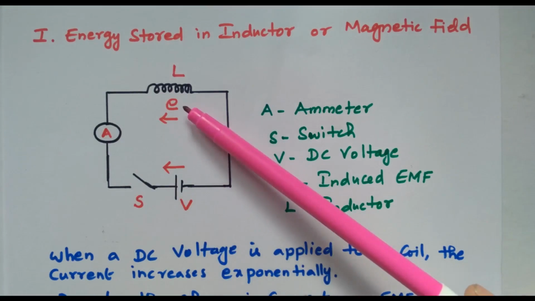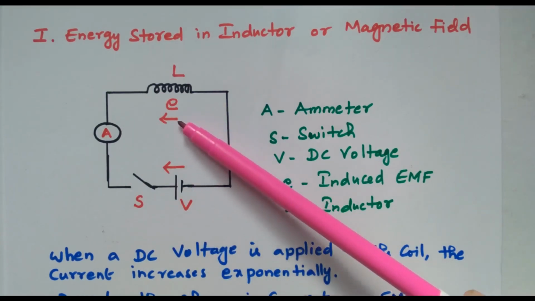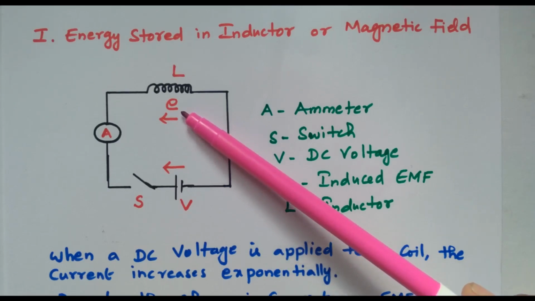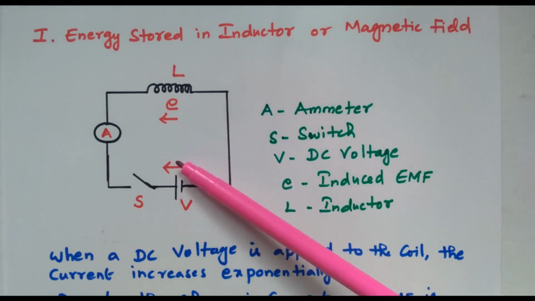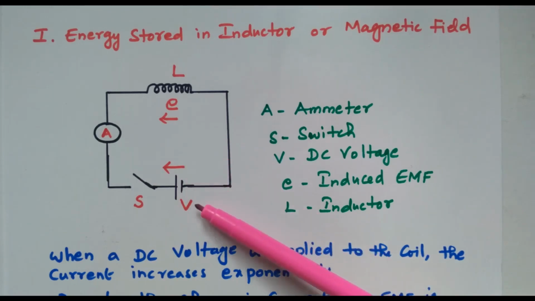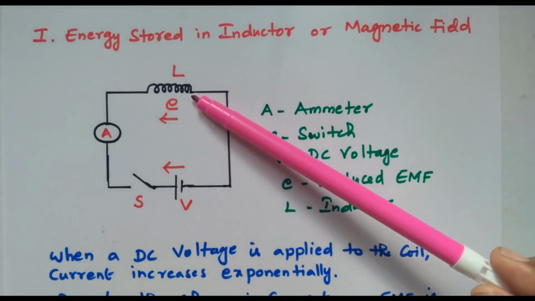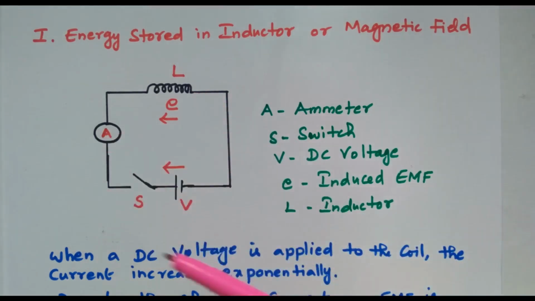Due to the rate of change of current, EMF is induced in the inductor. See the direction: the induced EMF is opposing the supply voltage. The work done by the voltage source against this opposition is converted into energy stored in the inductor. Right? So an inductor is energized with the DC supply through the switch and ammeter.